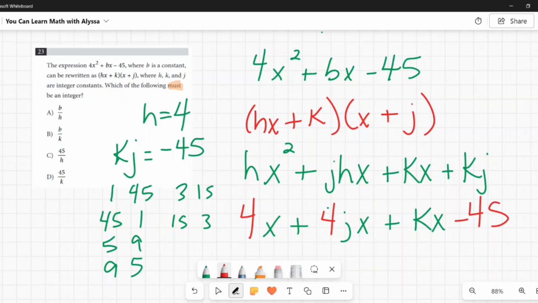All right. So let's look at our options. Which of the following must be an integer? b divided by h. The only way that this must be an integer is if b were equal to 4 times an integer. No, we have no way of knowing that. We know that b is equal to 4j plus k.